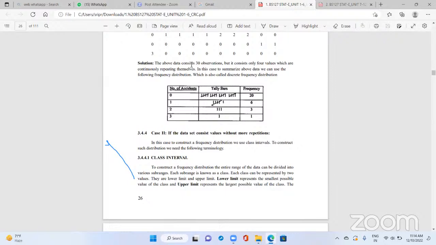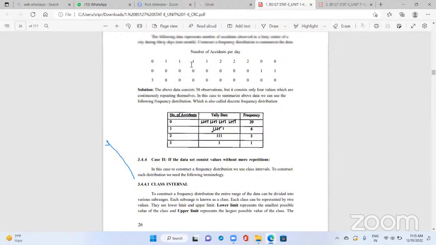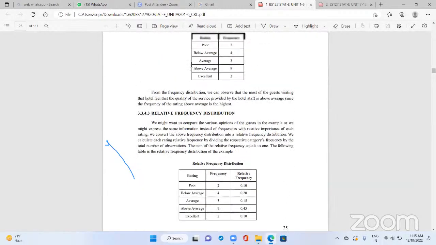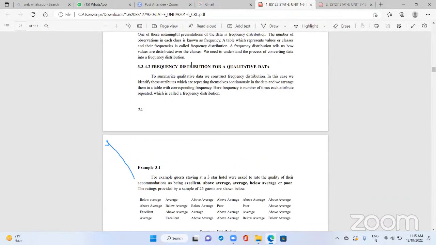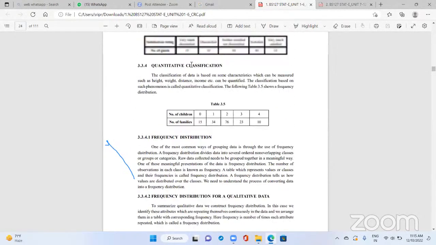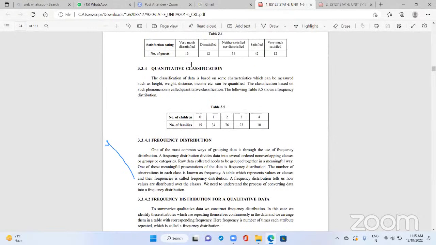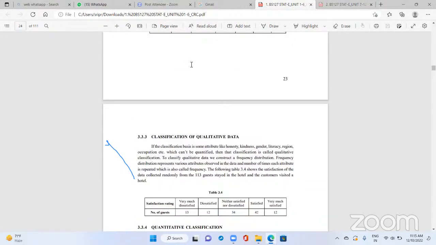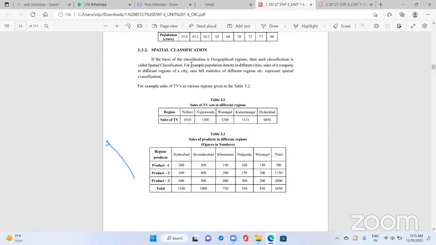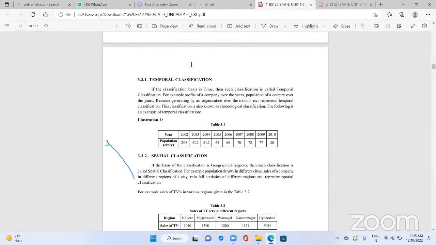Sir, it's there in page number 24, 3.3.3. Page 24. Qualitative, yes, correct. Right, this one. Quantitative. Where is qualitative? That one is spatial, temporal.